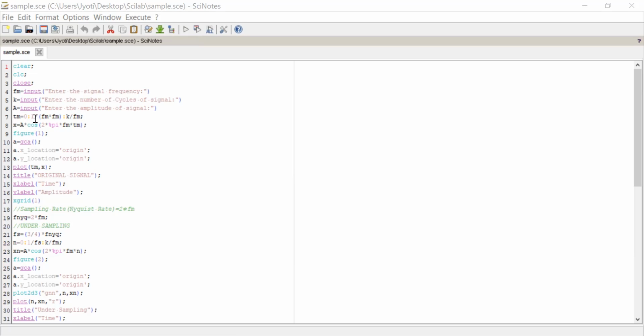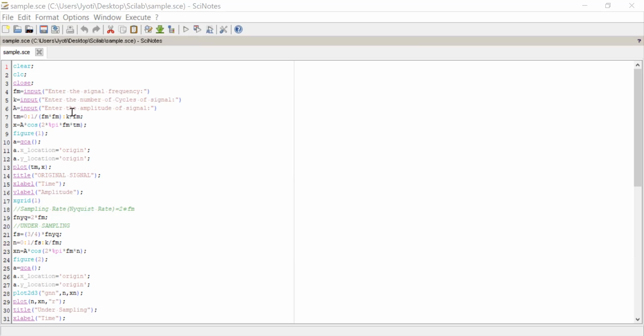Next is Tm = 0, the time period. The initial value for this Tm is 0, taken in steps of 1 by fm star fm. Here you enter the input signal frequency, the fm value, and depending on that it will calculate 1 divided by fm into fm.